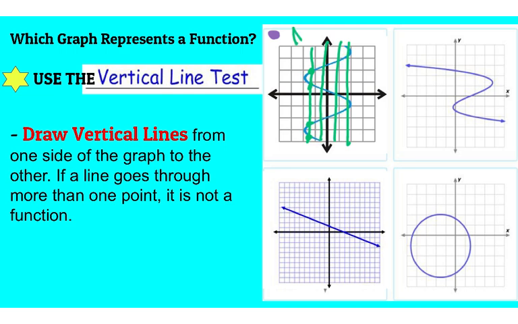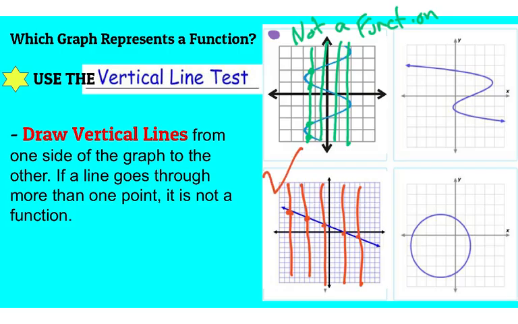That means it is not a function. However, if I do a vertical line test and each line of the vertical line test only goes through one point of the graph, you have yourself a function.